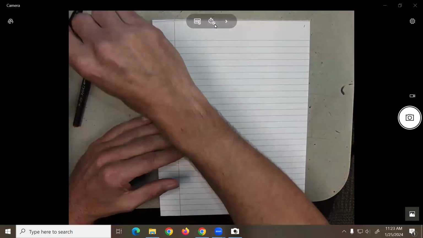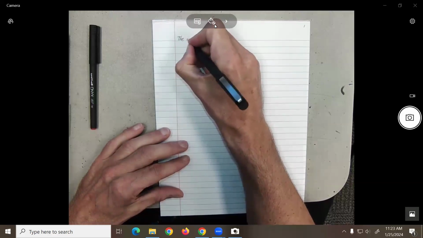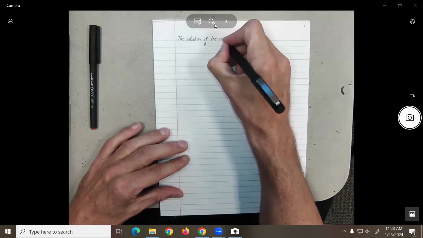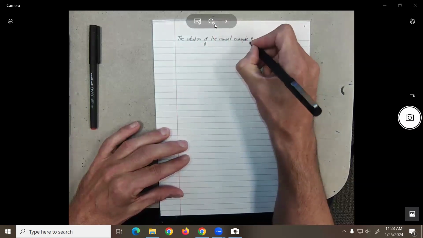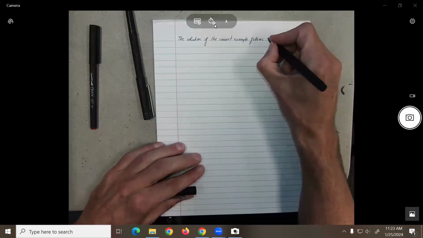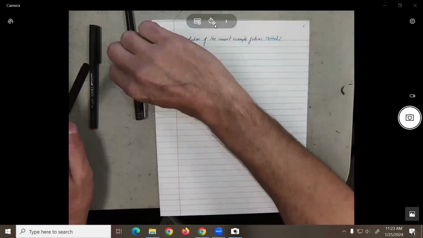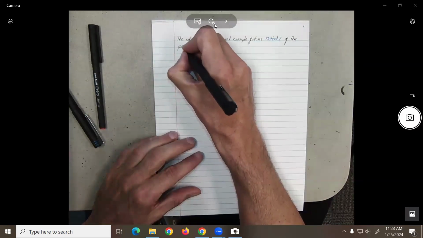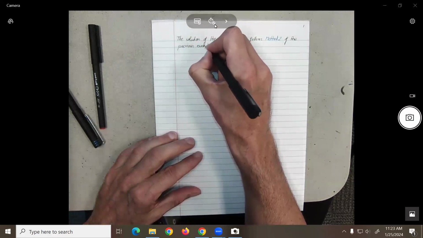All right, so we're going to use method 2. The solution of the current example follows method 2 of the previous example.